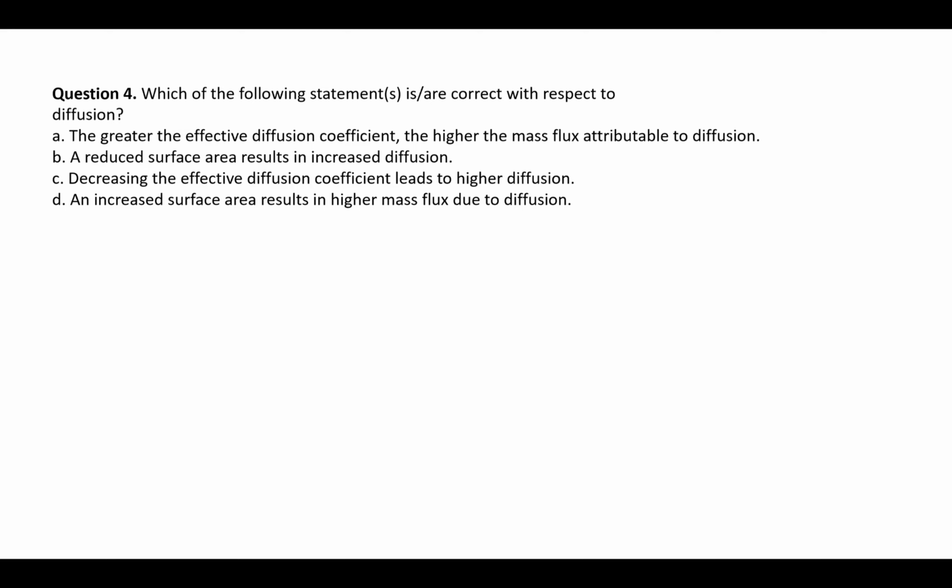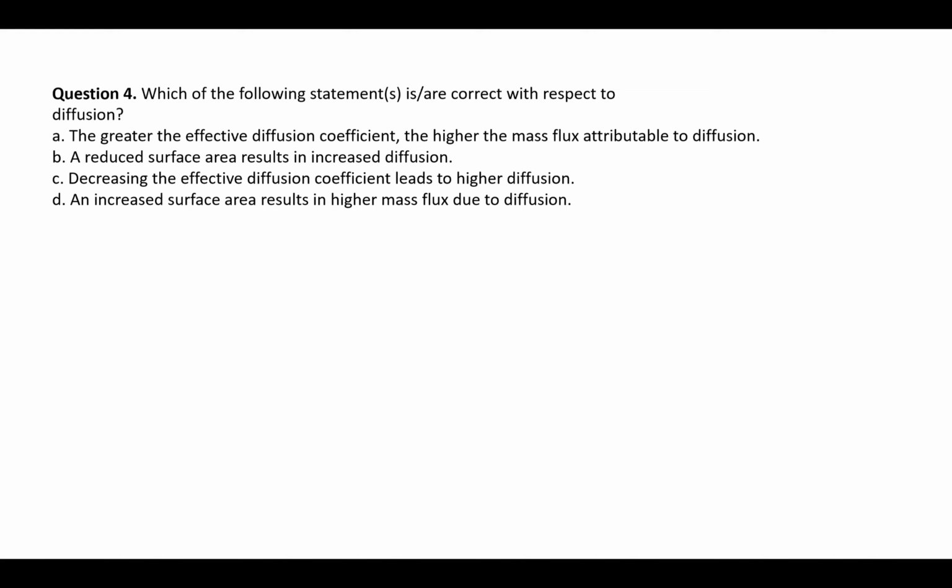Now let's move to question number 4. The first and second questions are two numericals, so we will try to solve them at the end. Question number 4 is, which of the following statements is or are correct with respect to diffusion? The first option is, the greater the effective diffusion coefficient, the higher the mass flux attributable to diffusion.